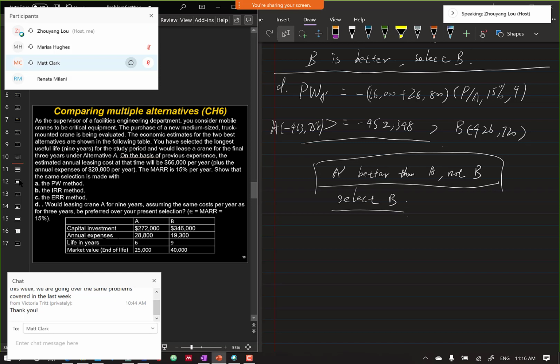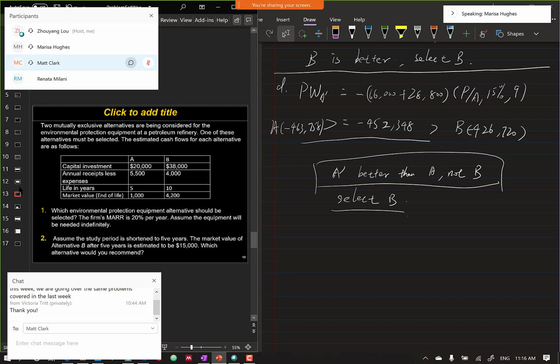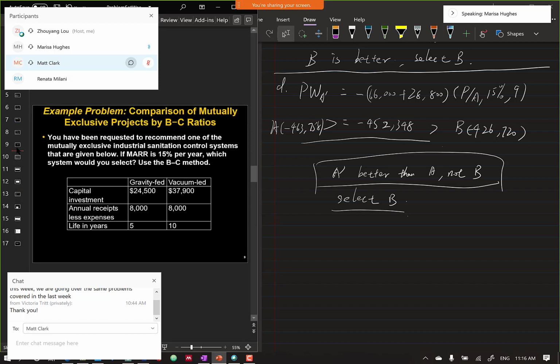What would you prefer? Could you do another example problem like the one that you did about the gravity fed and the vacuum fed projects? I'm not sure I fully understood that one.